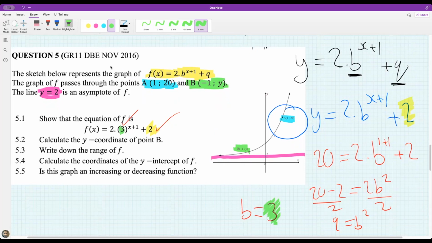Okay, next question. Calculate the y coordinate of b. So this is referring to the point over here, -1, y. What is that y value that is in the coordinate or in the point b? I want you to work that out for me.